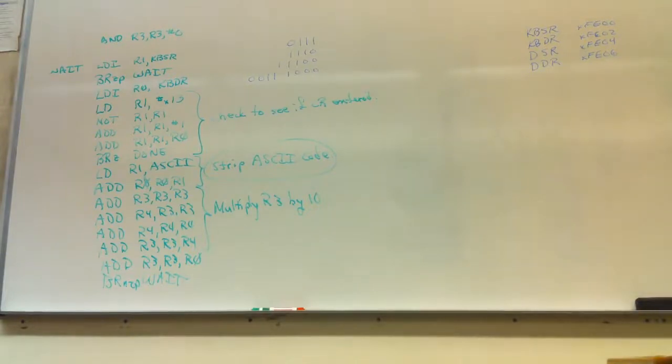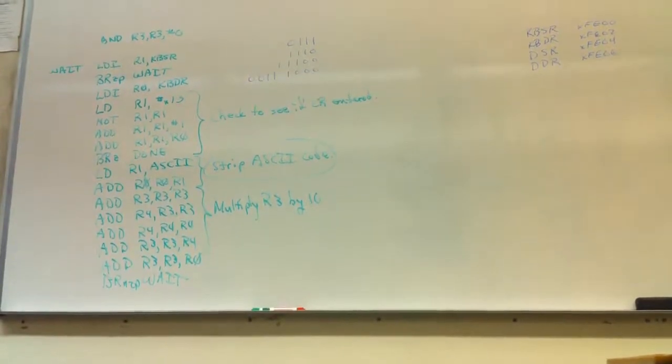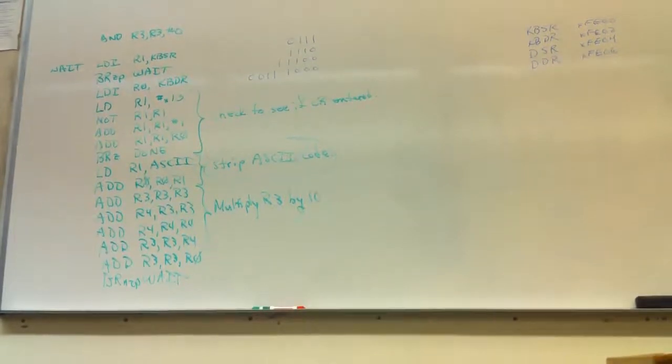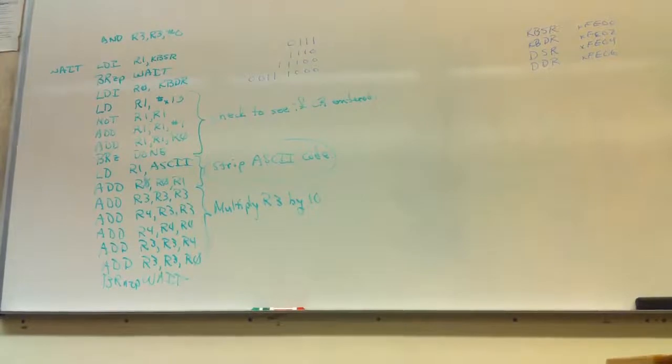That bit indicates whether or not the display system itself is ready to accept the character to be printed. Okay, that's the way the thing works. The basic idea works like this.